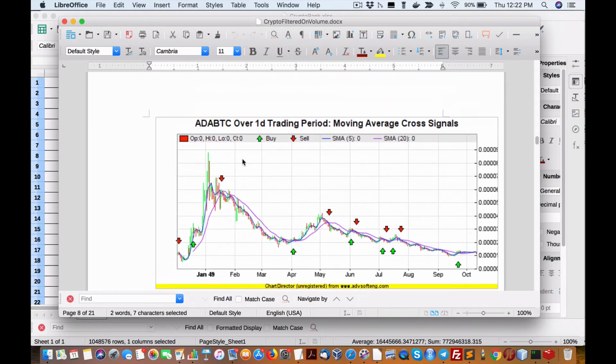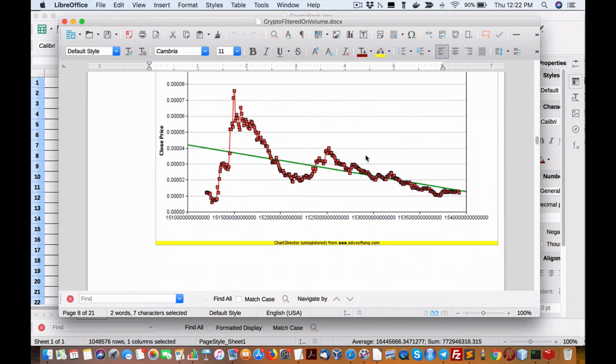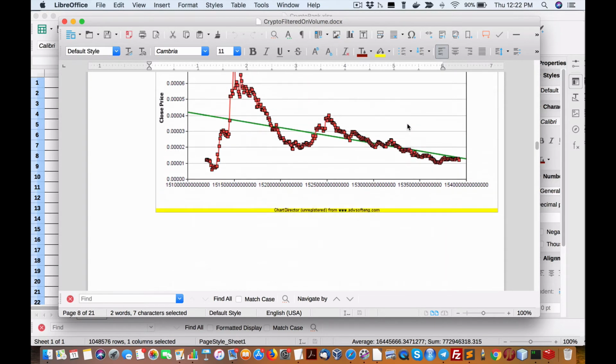Now, when it comes to the cross signals, I'm always looking for, are there too many? Here it looks pretty clean. We had a buy signal here, but no taker for the sell because these averages are so tight. Again, we have a strong downward trend compared to XRP.